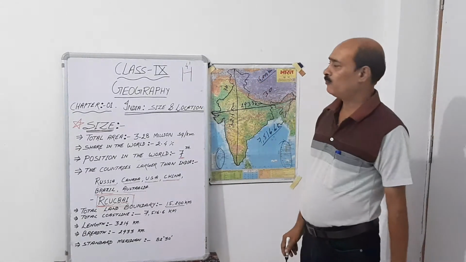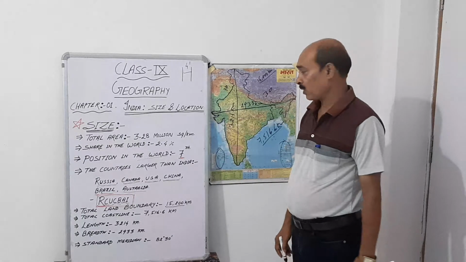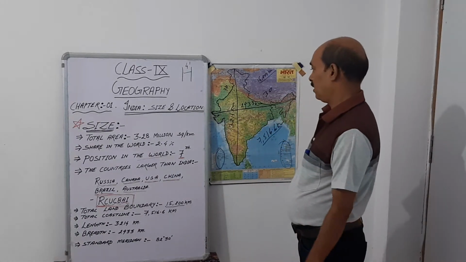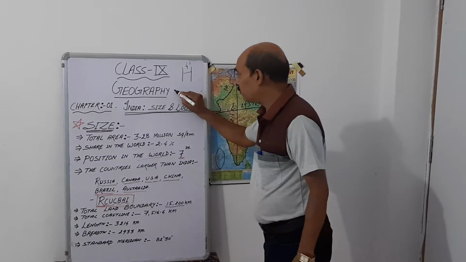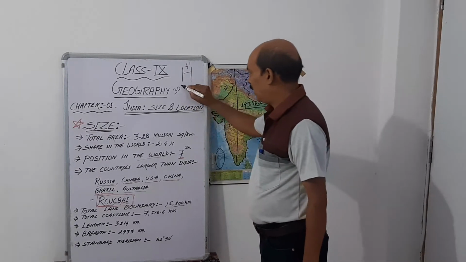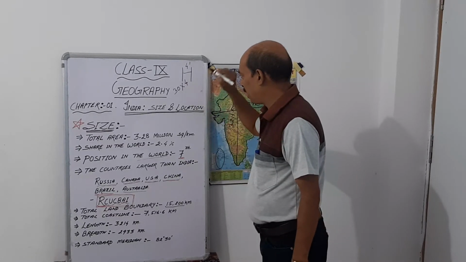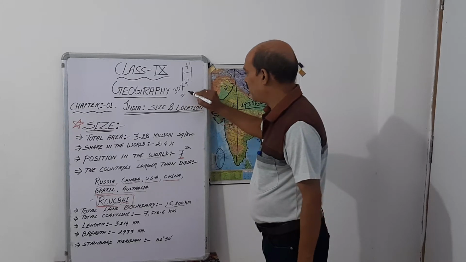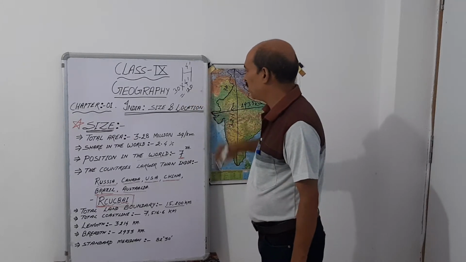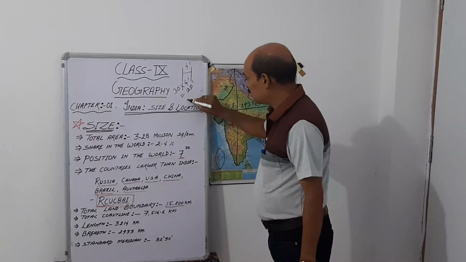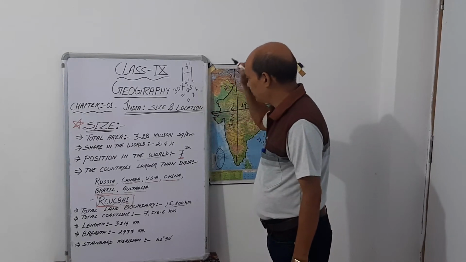So when we move west to east, across 30 longitudes, multiplying by 4 gives 120 minutes, that means 2 hours.